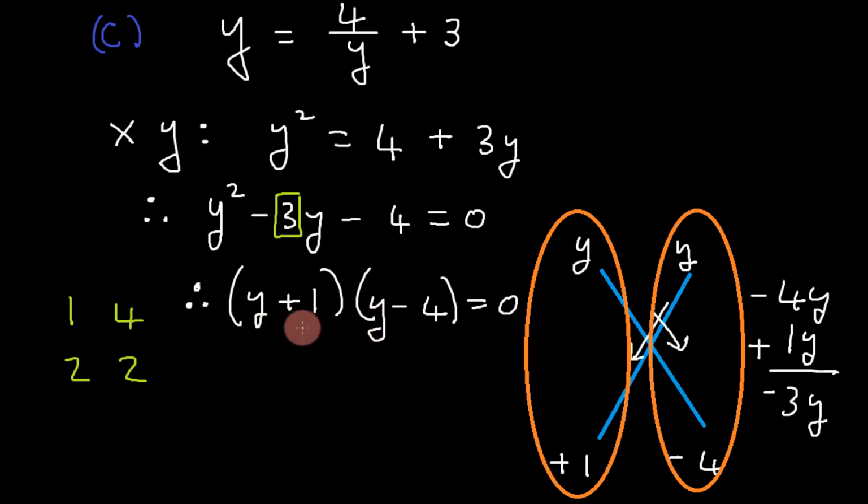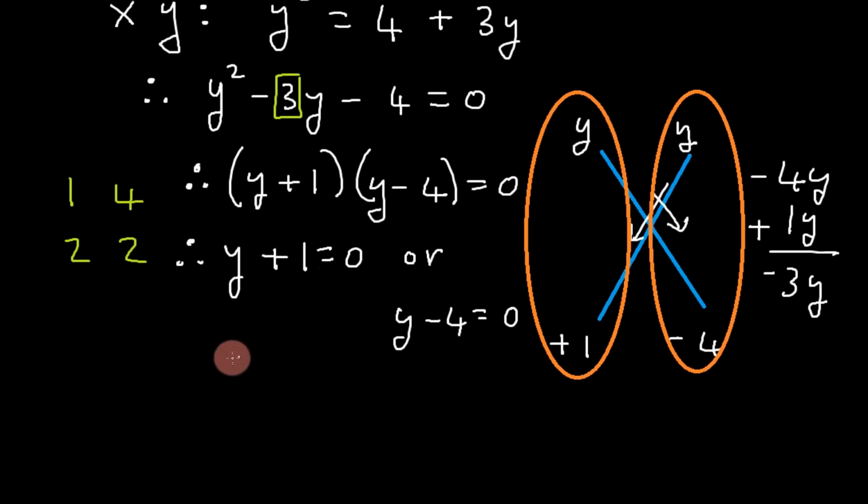So it does work, these factors. Then using the zero product rule, and finally solving for y, we see that y is negative 1 or y is 4.